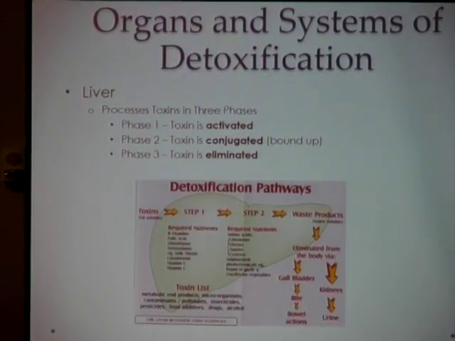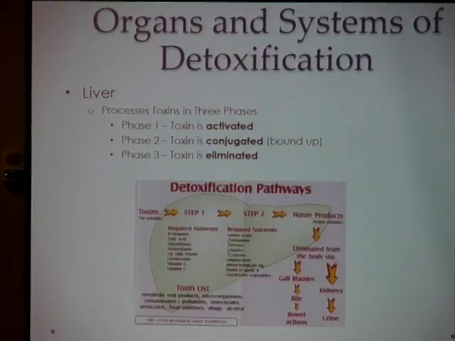In phase 2, the toxicant is conjugated and it makes it more water soluble, so that the intent is that we're trying to mobilize this toxicant out of the body. Phase 3 is through the colon.